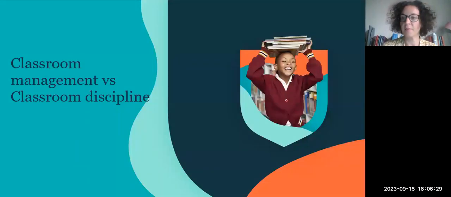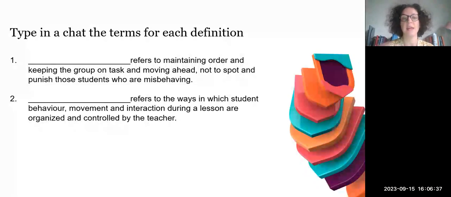So the main idea here is that we need to reconcile classroom management and classroom discipline. And I will ask you now to type in the chat which one refers to which definition. You can type it in the chat. What is 1 and what is 2?